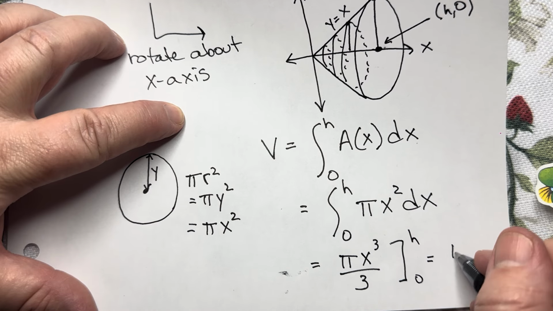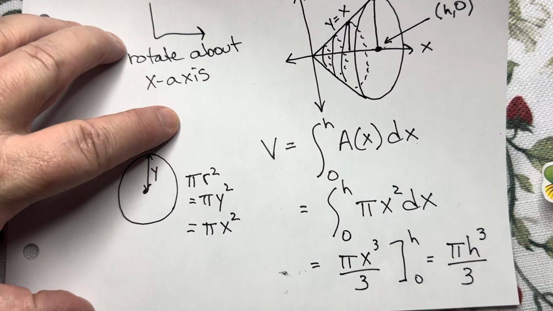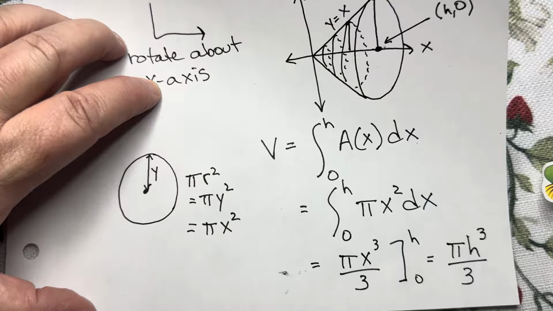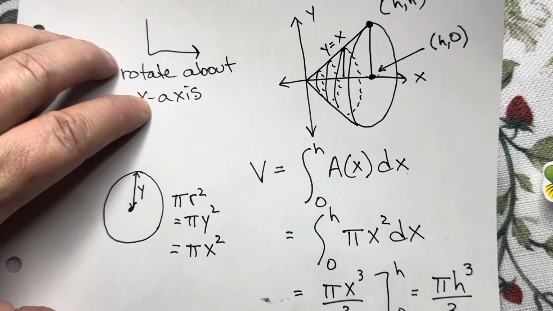And that's just going to be pi h cubed over 3, which is exactly the volume of a cone. It's 1/3 pi times the radius cubed. Isn't that cool? And when I say radius, I mean the radius at the base. So there you go. That's the volume of a cone.